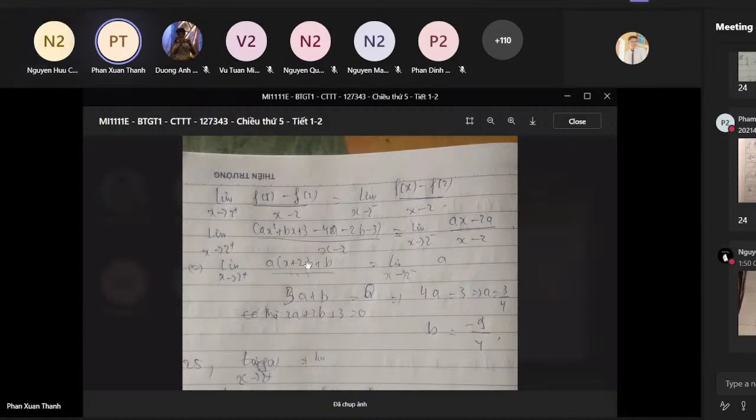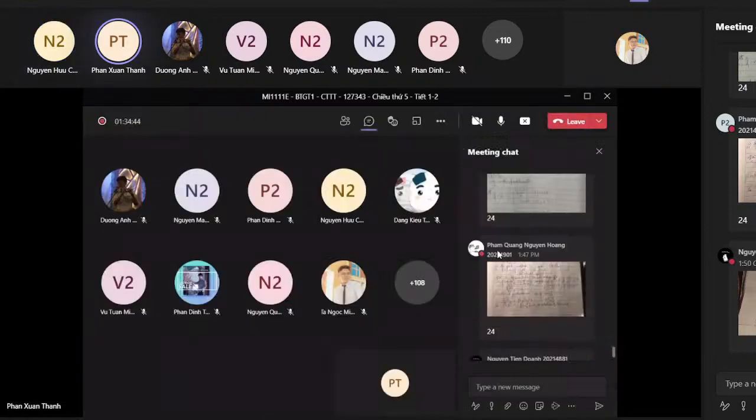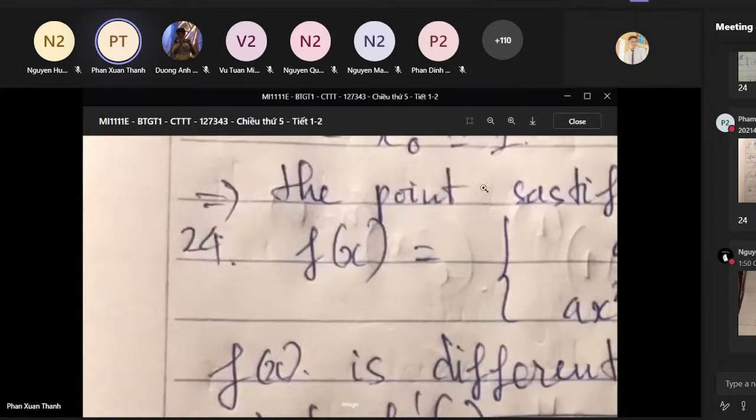So let me check here 1a, b, and c. 4a equals a. Okay, so you should give more detail about this exercise. Maybe let's check one more solution.